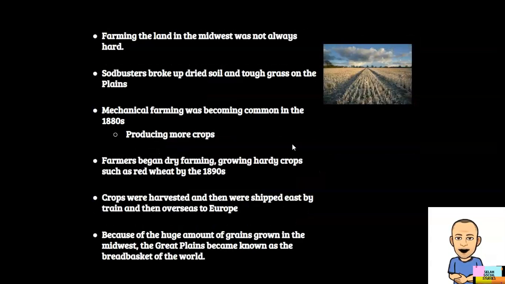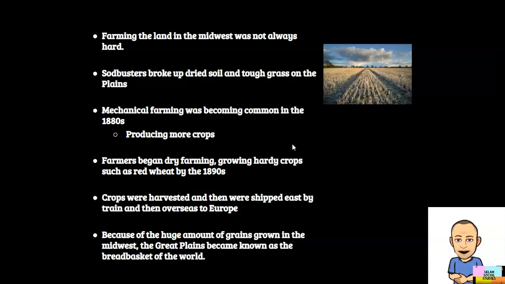So the Great Plains area has a type of grassland that is different than on the East Coast here. Farmers who broke up this tough, thick grass on the plains earned the nickname Sodbusters. And because of this hard landscape, mechanical farming became the common thing of the 1880s and the 1890s.